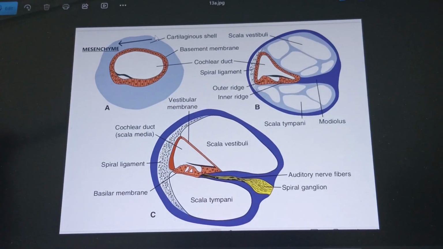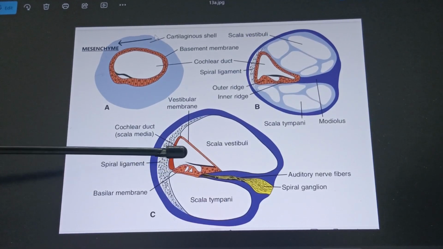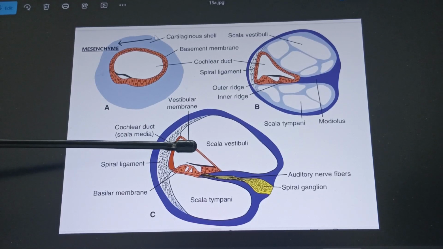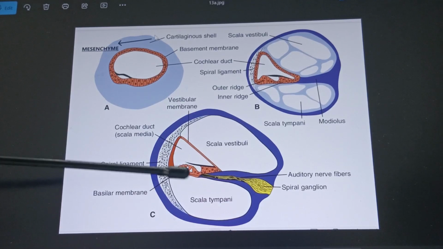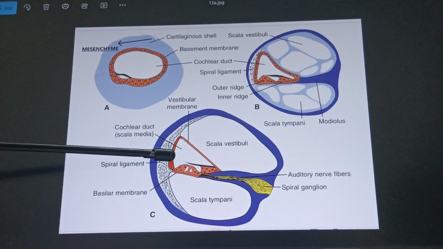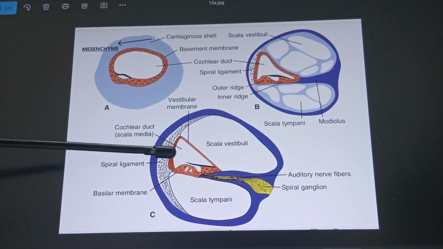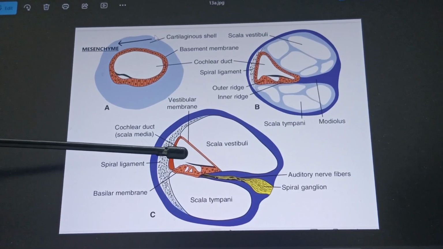Okay, we were talking about the organ of Corti, which lies within the scala media. We see the vestibular membrane on its top area, and the basilar membrane where its cells rest. On its very lateral aspect, we see an area that is showing the stria vascularis that is supposed to secrete endolymph within this scala media, right?